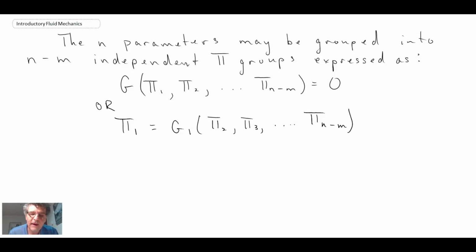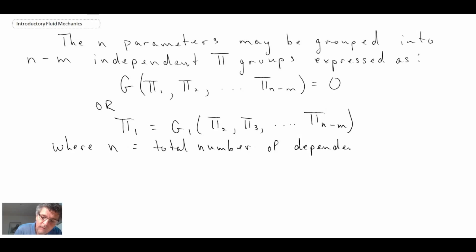So we have this relationship that exists now, n and m. Let's define those. So remember, n was characterizing the number of dependent and independent parameters or variables we have.